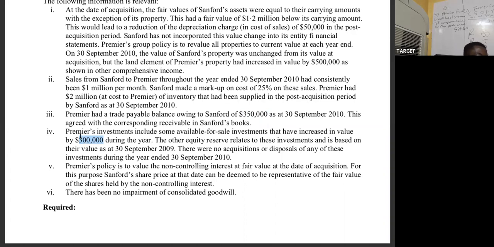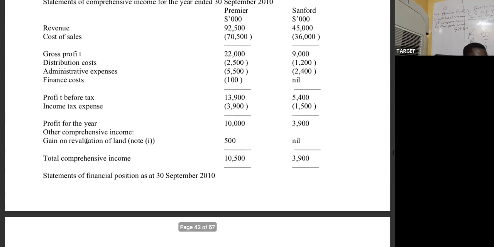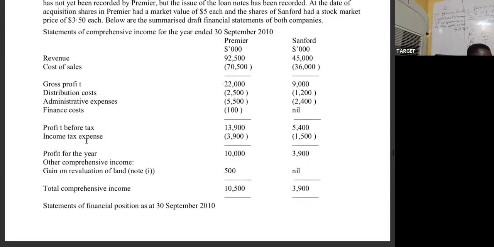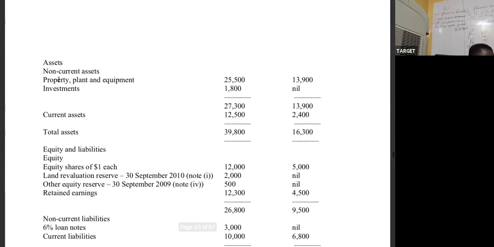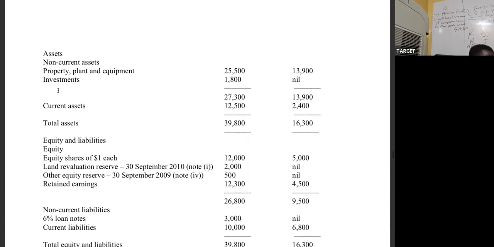So this fair value gain should go to OCI. Simple. So kindly add 300,000 to the parent's OCI and add the 300,000 to the investment. So go to the financial position, the investment is there.